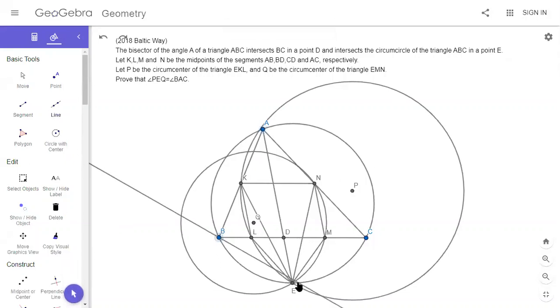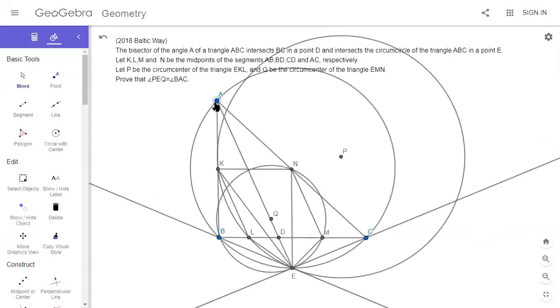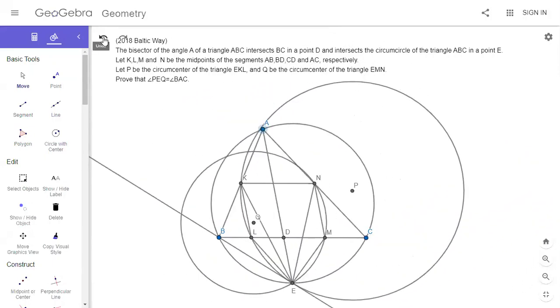Urijan has an interesting idea. BE is tangent to this circle and CE tangent to that circle. I think that'll be pretty key if that's true to solving this problem. Yes, it looks very true. So how do we show BE is tangent to this circle?